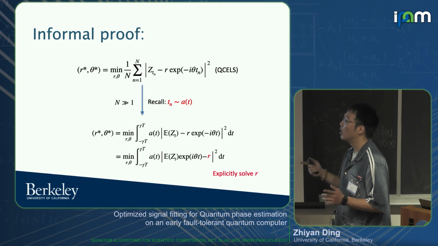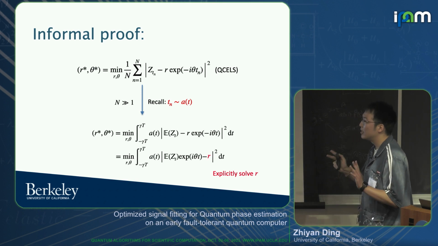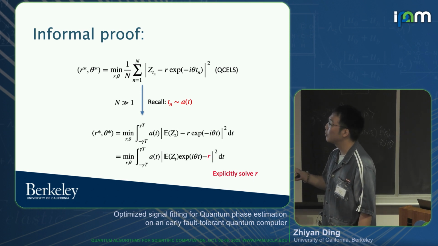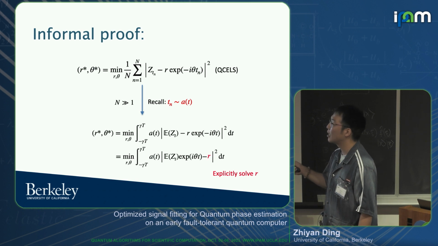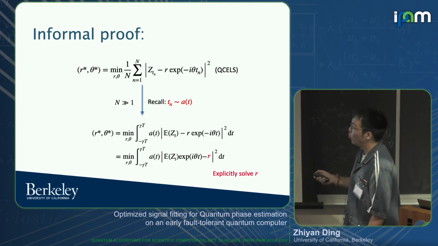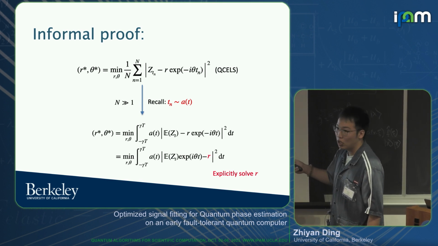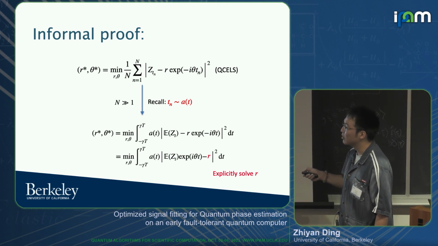In the informal proof, to consider this optimization problem, we first need to study what this optimization problem is doing. For simplicity, I just assume that I have enough samples; my capital N is very large. Recall that my Tn is i.i.d. sampled from A_T. Then by doing some calculation, we can show that if I let capital N go to infinity, the solutions of this optimization problem will be very close to the solutions of this optimization problem.